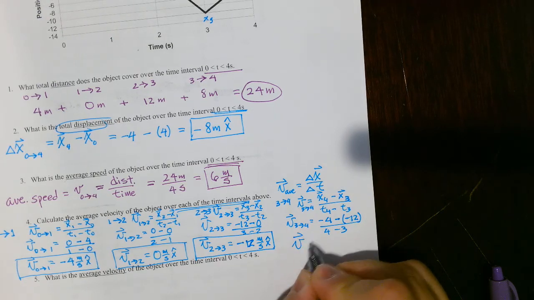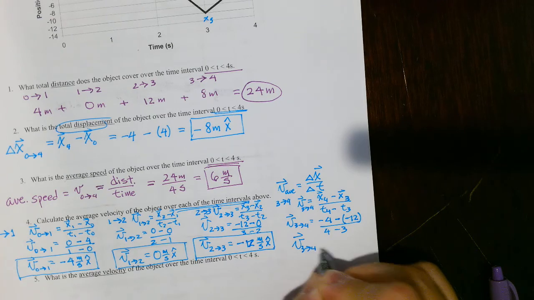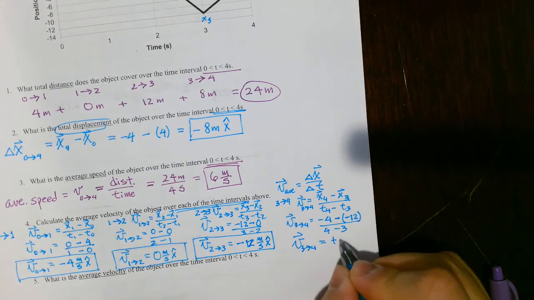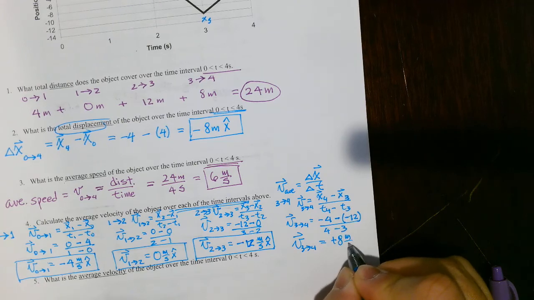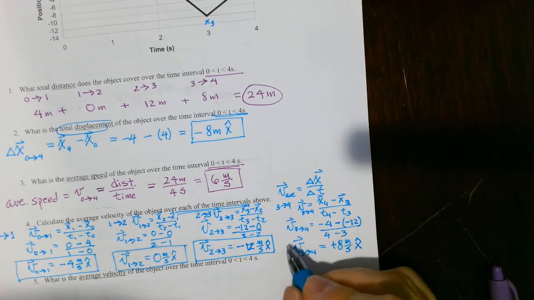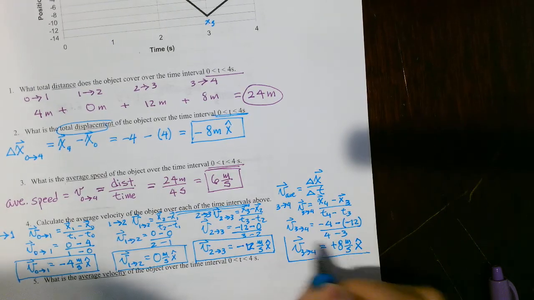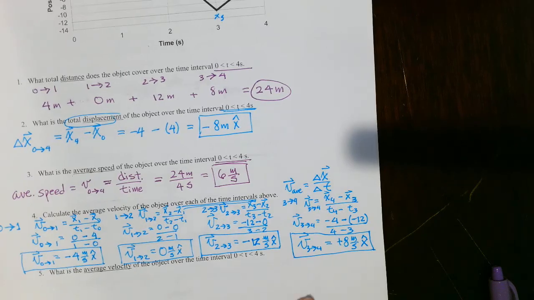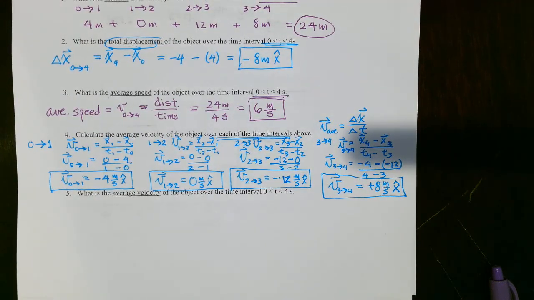So v from 3 to 4 seconds is equal to positive 8 meters per second x hat. So that was all the average velocities between each time interval.